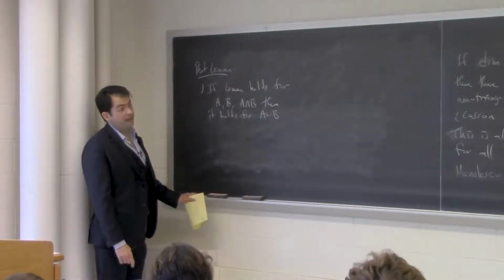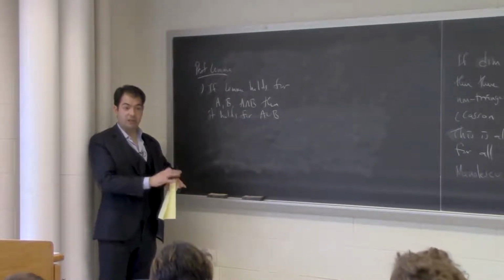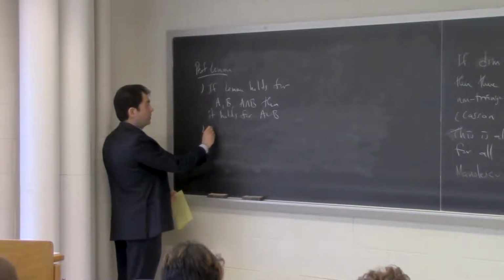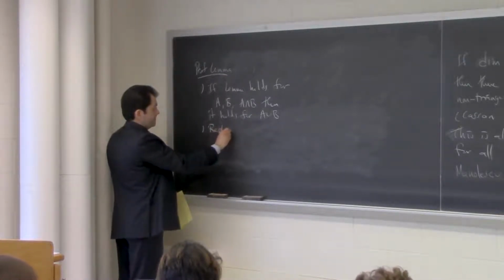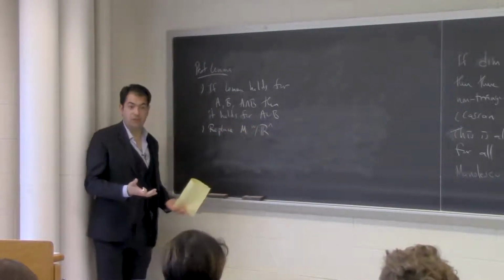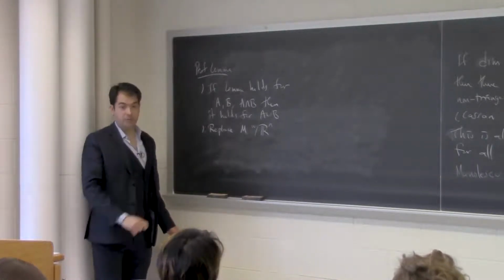So that let us restrict to a compact set included in a coordinate chart. Using that, we were able to replace M with R^n, because you could just be working entirely in the coordinate chart. And that's where we stopped last time.